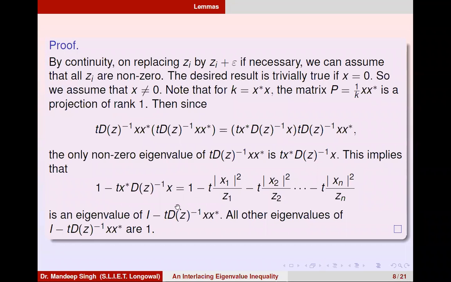The eigenvalues of M are known to me: one of them is this, and the rest are 0. Therefore, one eigenvalue of I minus M is 1 minus the non-zero one, and the rest are all ones, since it is 1 minus zeros.